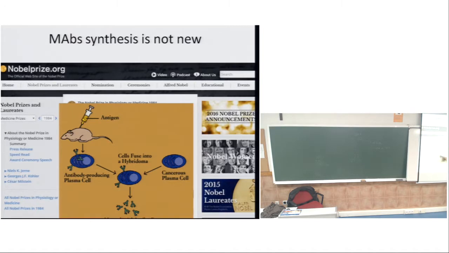First, plasma cells expressing antibodies. Polyclonal. These are polyclonal antibodies. And these cells will die, so I can only get few antibodies. But if I fuse these plasma cells with a tumor cell from cancerous plasma cells, I can create what is called a hybridoma. And a hybridoma can live forever, as long as I take care of this cell line and I put ingredients to keep growing and keep living.